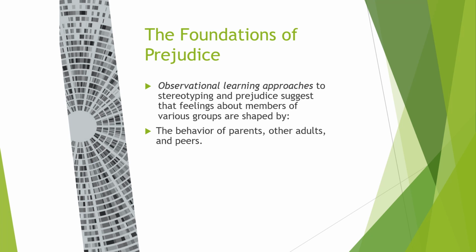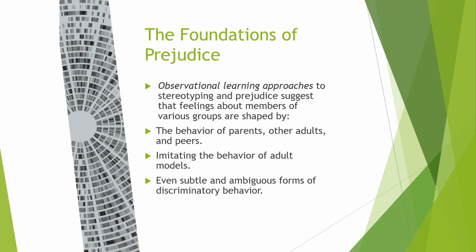Another way we learn these prejudices is imitating the behavior of adult models. That's part of that observational learning approach. You see someone else discriminate, and then you yourself discriminate.